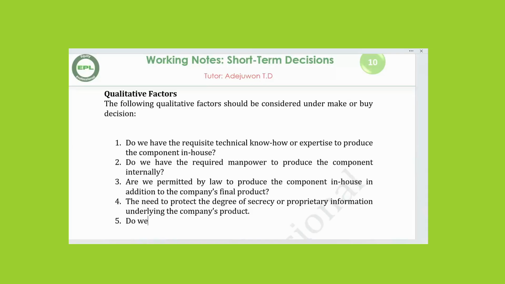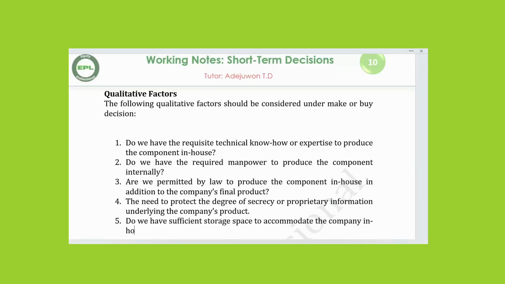Do we have sufficient storage space to accommodate the components in-house?